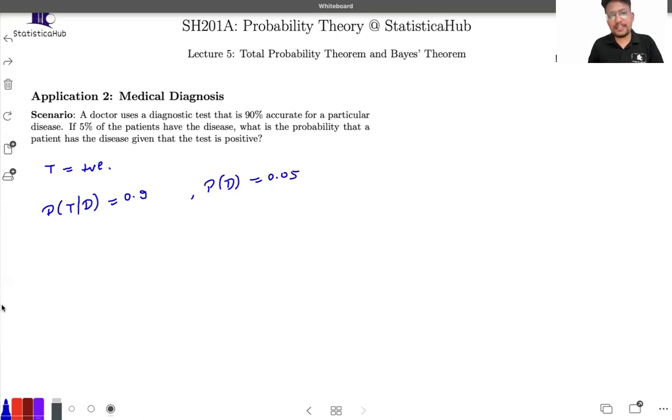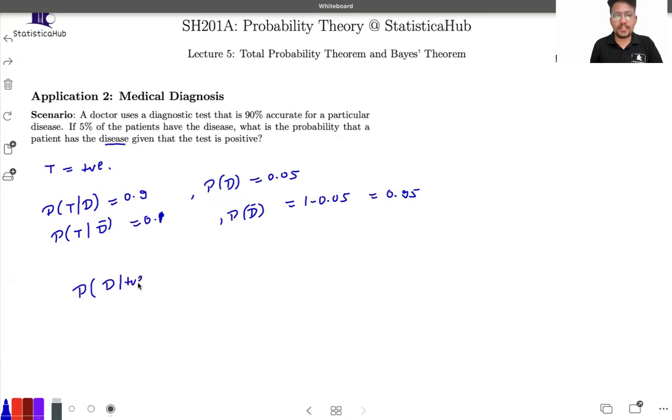Again, a similar kind of problem to the one we just solved. The probability that the test is positive, given that there is no disease, is 0.1. And the probability that the population has no disease is 1 minus 0.05, which is 0.95. Finally, you have to calculate the probability of disease given that the test is positive.